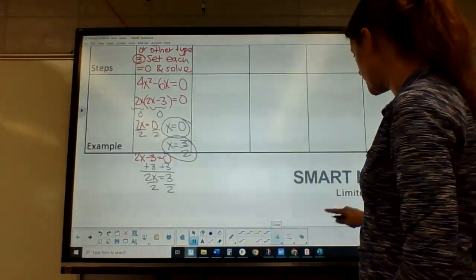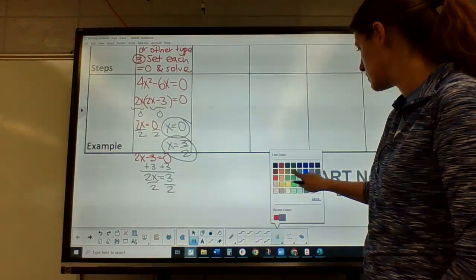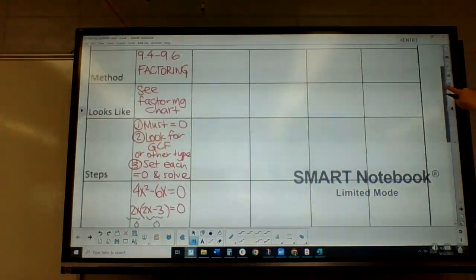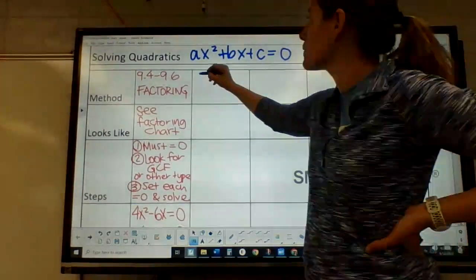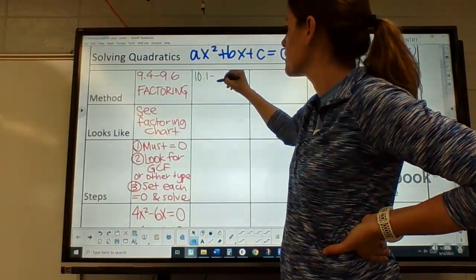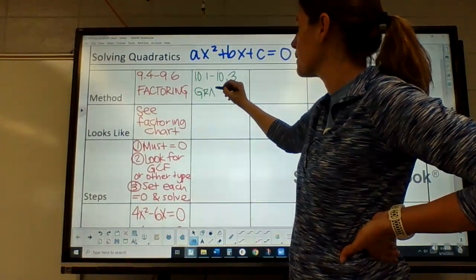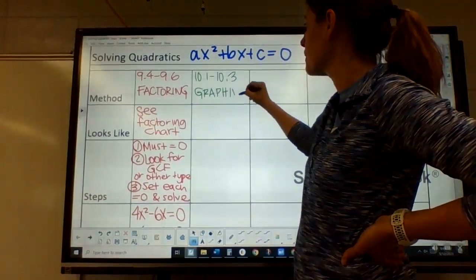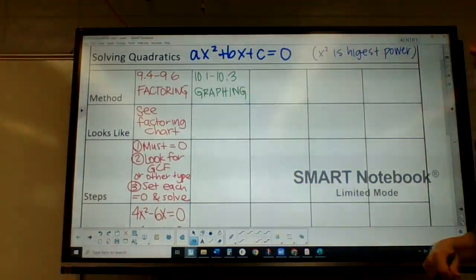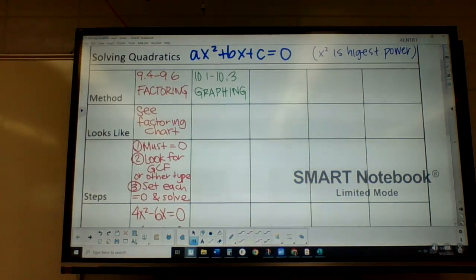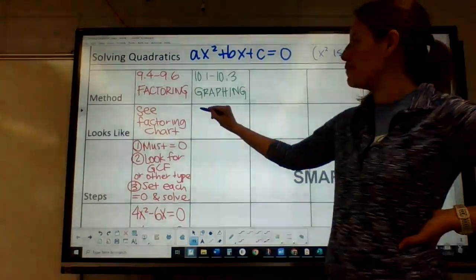So the next type here is graphing. This one is going to look like a parabola.